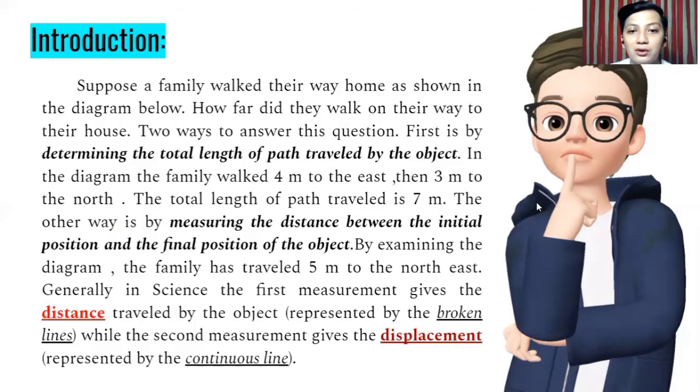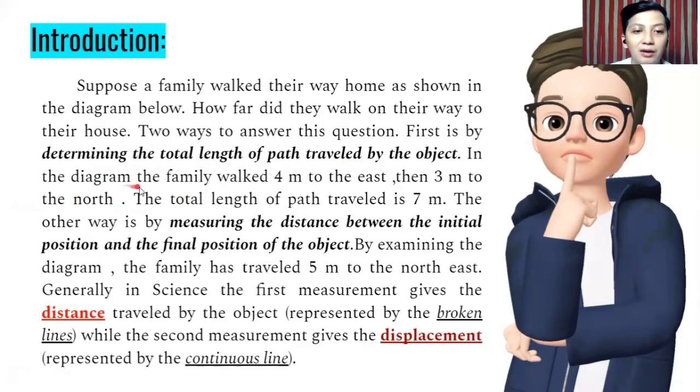Two ways to answer this question. So may dalawang bagay tayo na pwedeng i-discuss dito para ma-describe natin kung paano sila naglakad papunta dun sa bahay nila. Okay, first is by determining the total length of path traveled by the object. Do not forget that. Determining the total length path traveled, yung kabuuan ng nilakad mo.